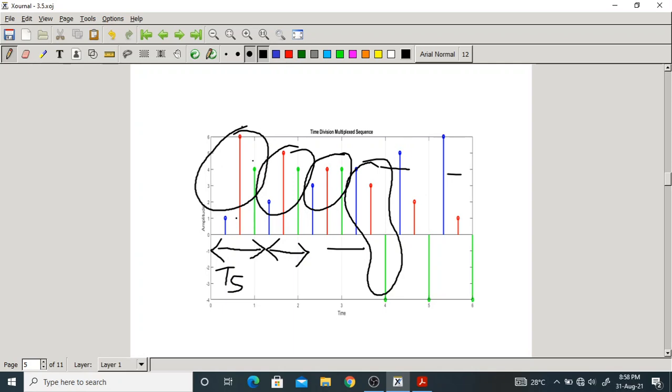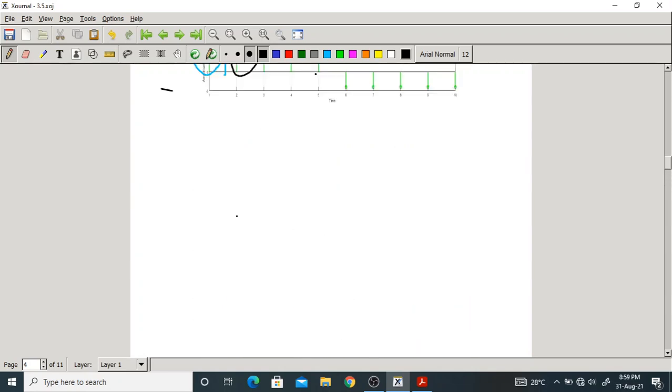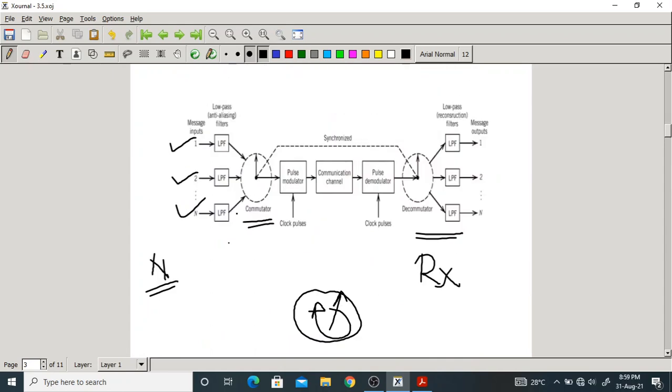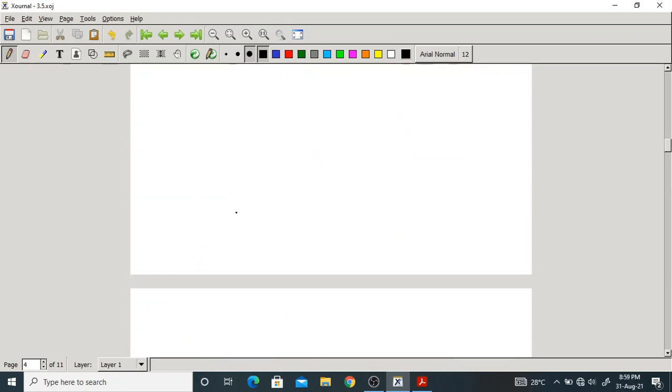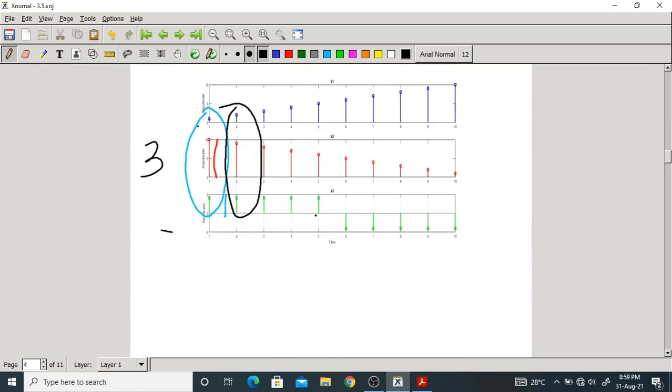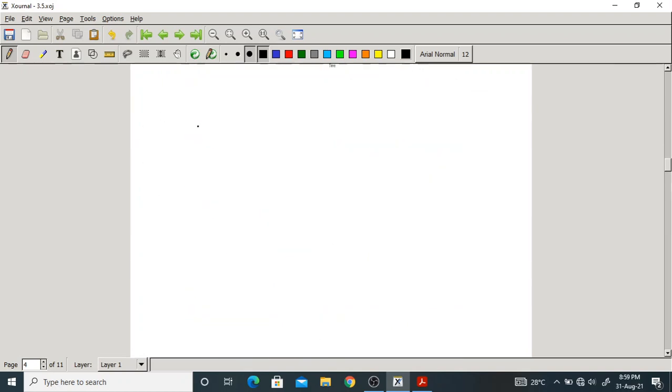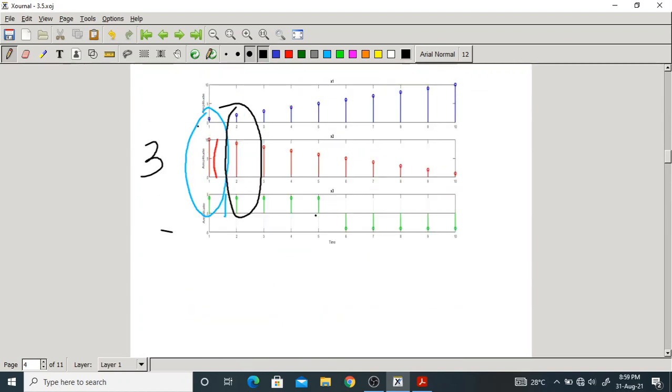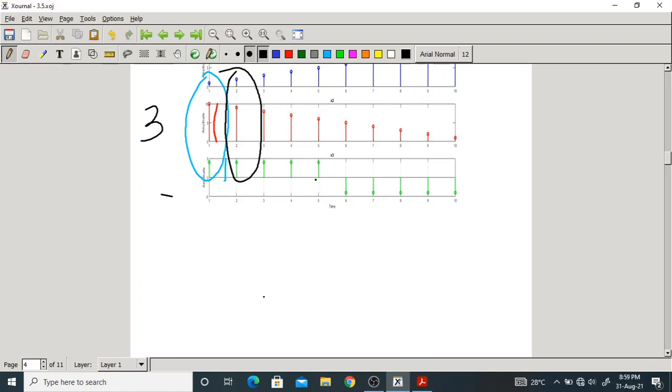In general, we are multiplexing n signals, which means this commutator will collect n samples by the time it completes one rotation. That means in TS seconds it transmits n samples.